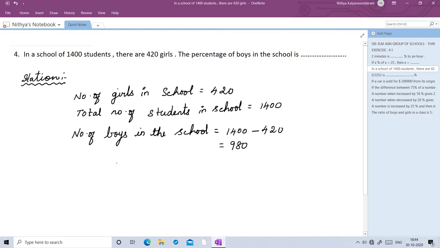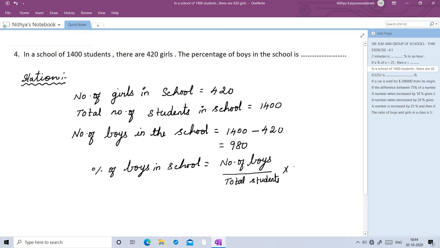So we want to find the percentage of the boys. So percentage of boys in school is equal to total number of boys divided by total number of students into 100. So percentage we want to calculate, so into 100.